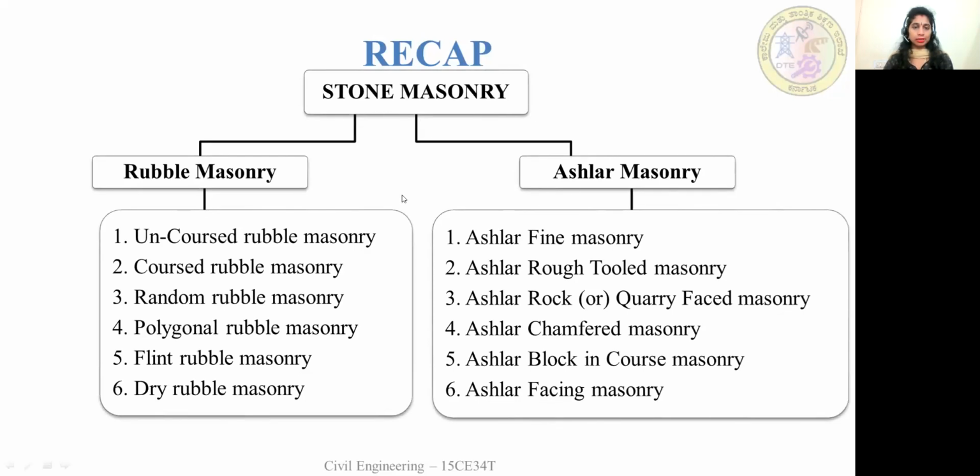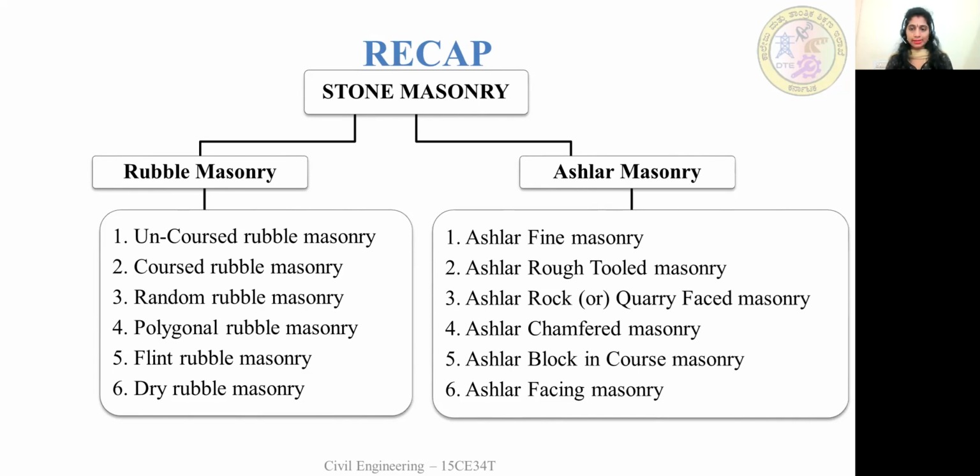Under stone masonry, there are two categories, rubble masonry and ashlar masonry. Rubble masonry is again divided into six categories: uncoursed rubble masonry, coursed rubble masonry, random rubble masonry, polygonal rubble masonry, flint rubble masonry, and finally dry rubble masonry.